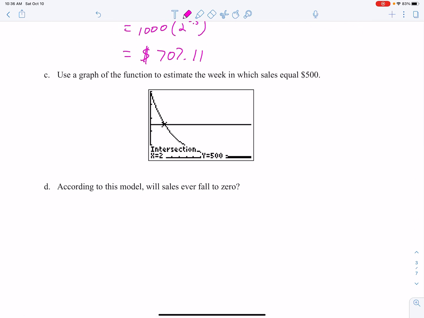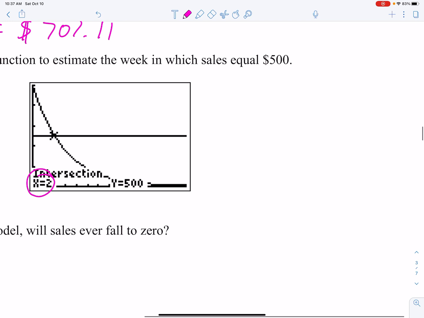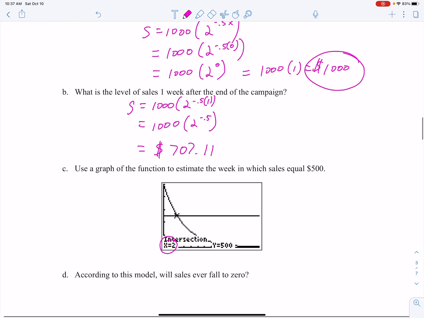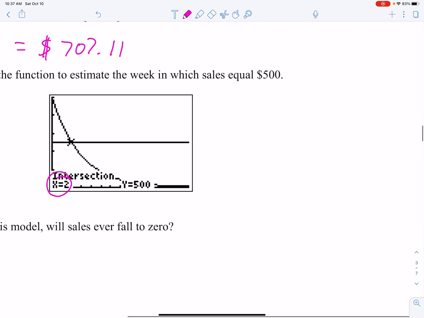Part C, use a graph of the function to estimate the week in which sales equals 500. Well, there's the graph right there. You can see that they're giving the answer of X equals 2, but we're going to do this algebraically. Okay. So sales, remember the function they gave us up here, S equals, that's the sales, right? So in other words, we're going to replace S with 500.